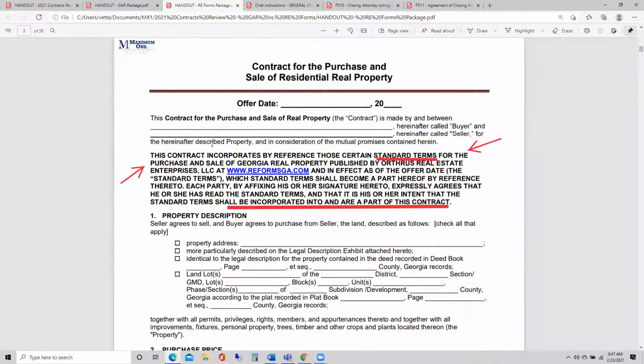You identify the buyer and you identify the seller. Then in bold font, all caps, it says, this contract incorporates by reference those certain standard terms for the purchase and sale of Georgia real property published by Orthros Real Estate Enterprises, LLC at, here is a public website where anybody, especially your public, can go and get the document called the standard terms, reformsga.com.